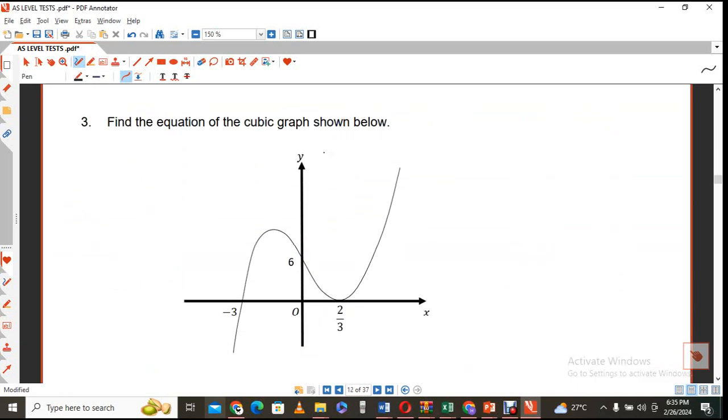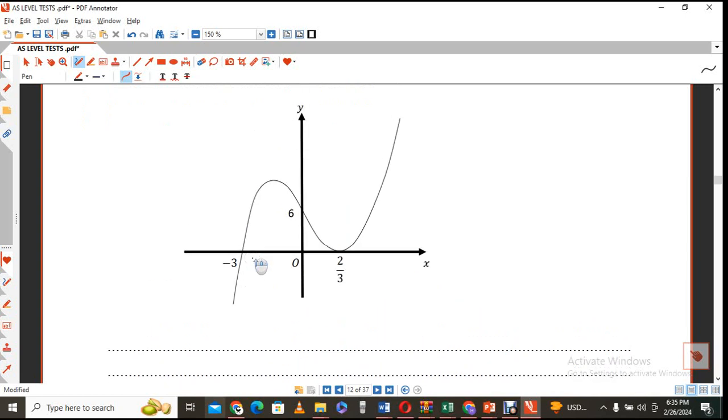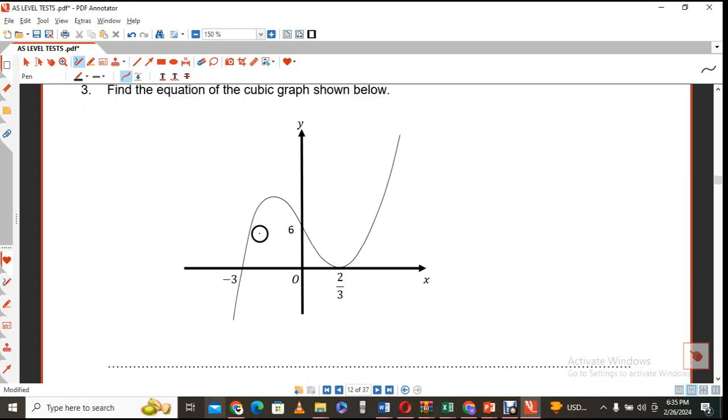Question 3. So this one, again, you have the equation. You must find the equation of the cubic graph that is shown below. So you have got, it touches here, and the fact that it just touches there means that whatever that root is, is a repeated root.